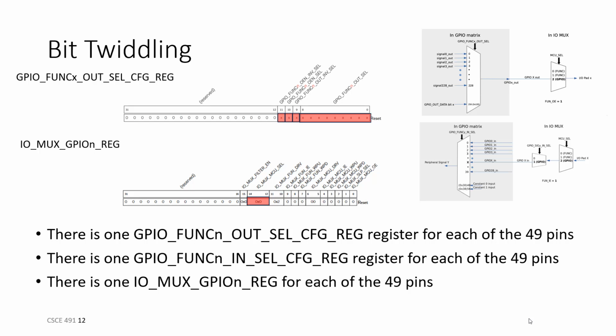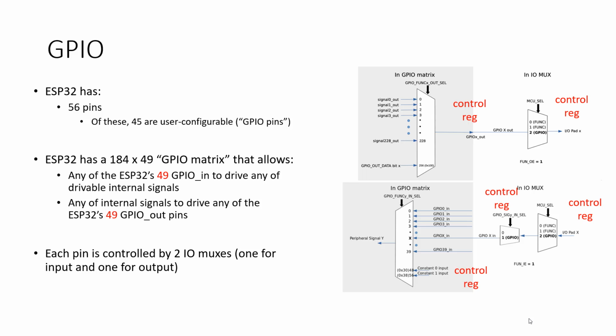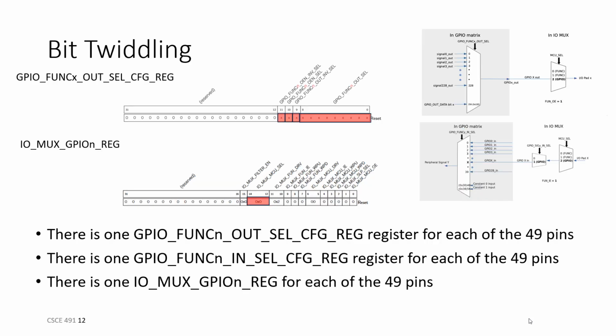Now remember, there's 48. It's so confusing because I think they're labeled 0 to 48. So there's 49. Anyway, they're enumerated 0 to 48, right?